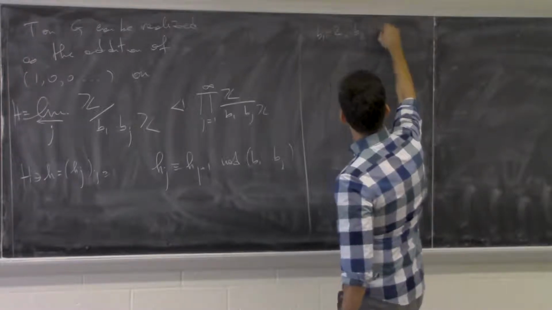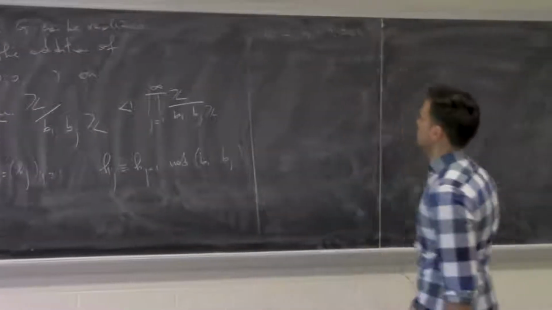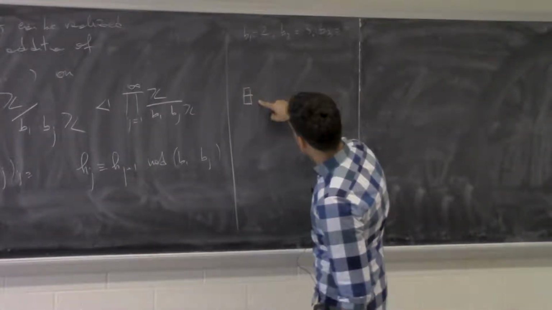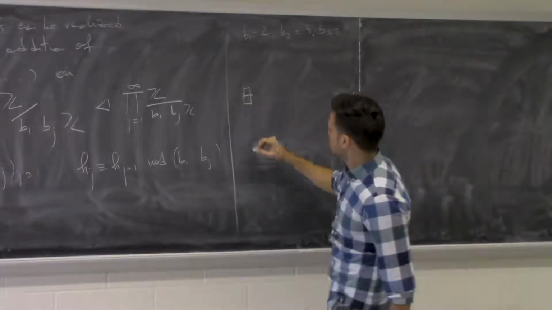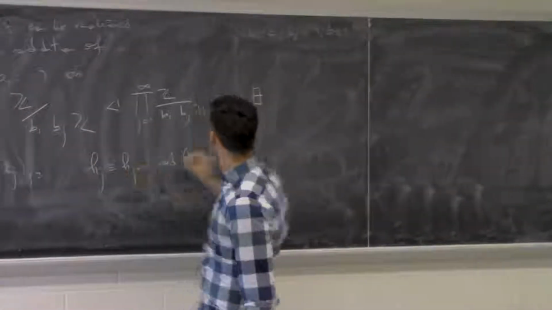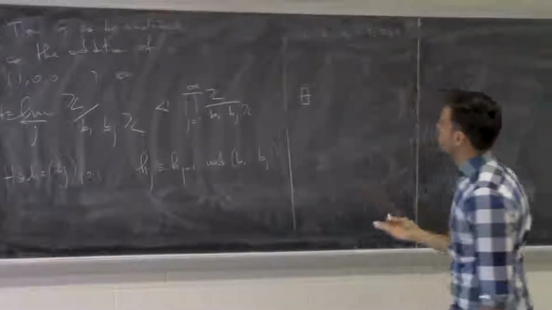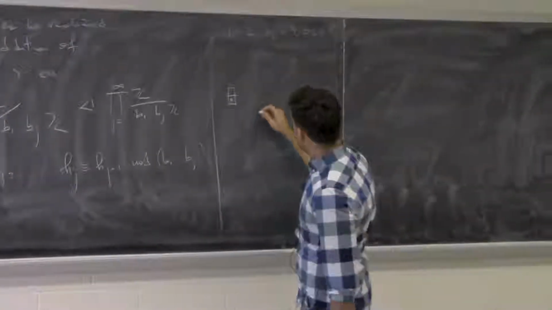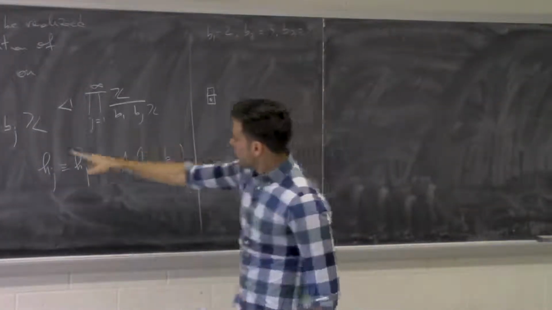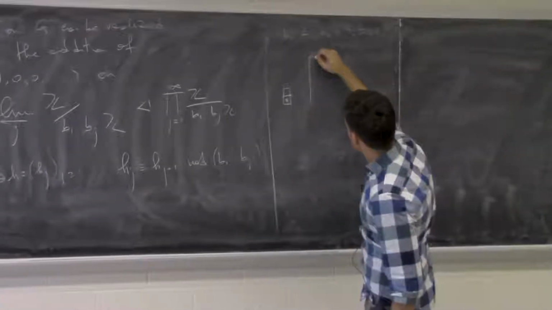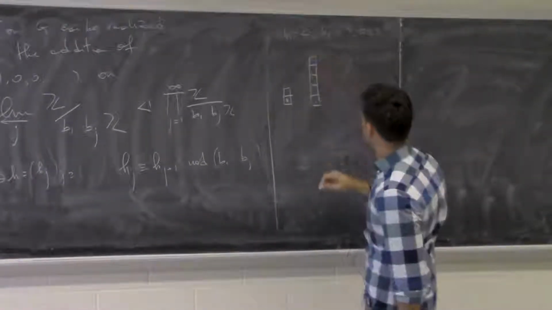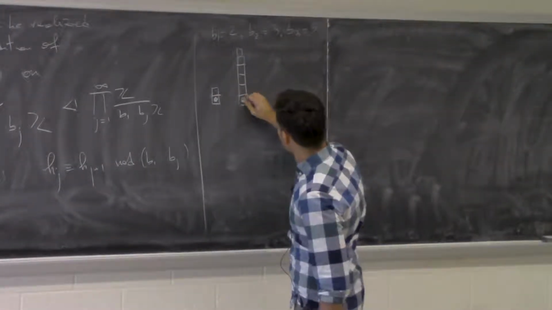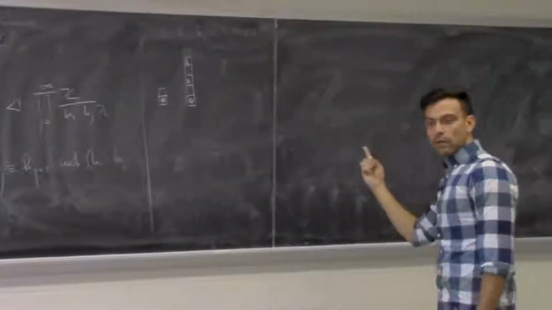And so the picture here, I'll try to draw with B1 equal to 2, B2 equal to 3, and B3 equal to 5. In the first case, you have two possible values, 0 and 1, in the first coordinate. So the first coordinate tells you if you're 0 or 1 modulo 2. Then let's say you're 0 modulo 2. Then here you have to look at things modulo 2 times 3, and so you have a little tower of height 6. If you're 0 modulo 2, then you're forced to be either here or here or here in the next coordinate.